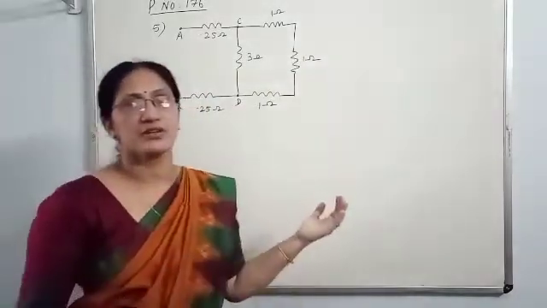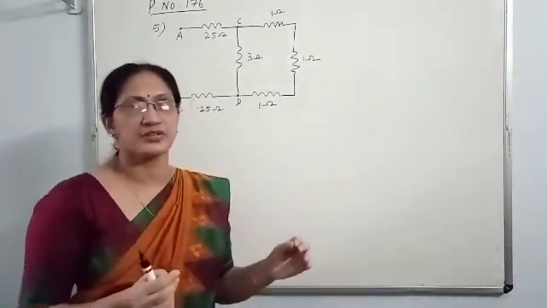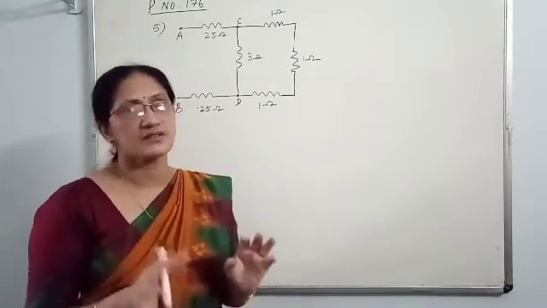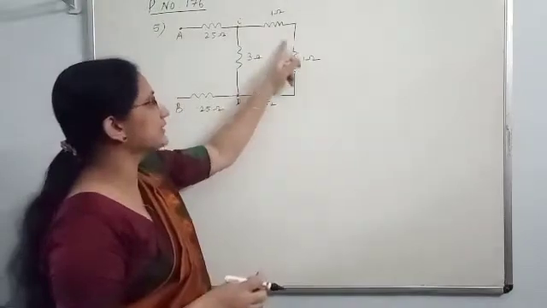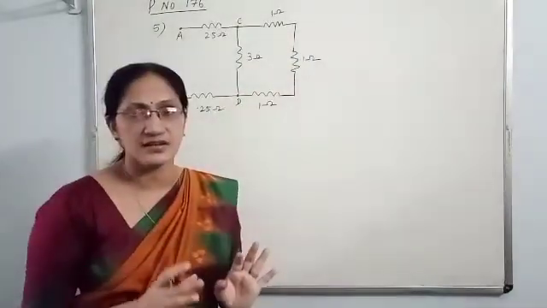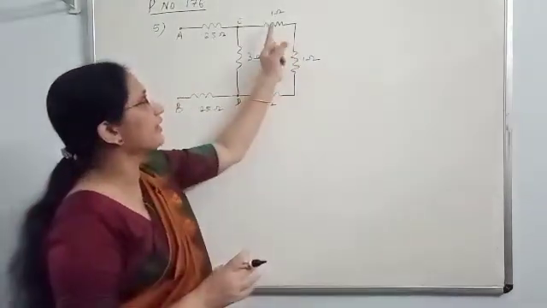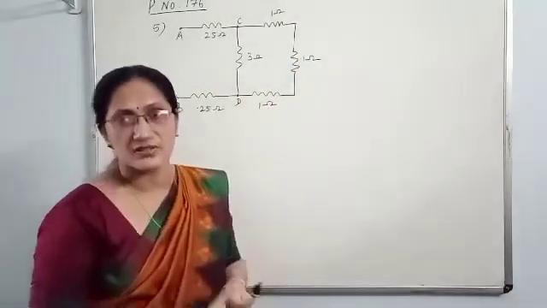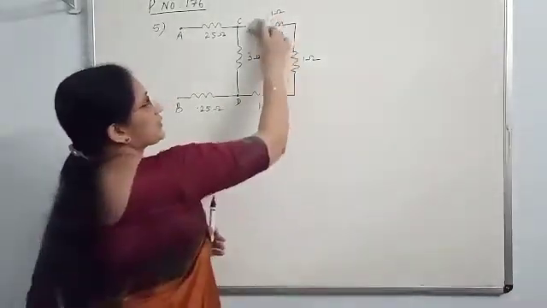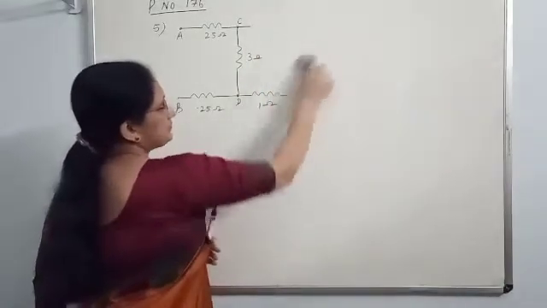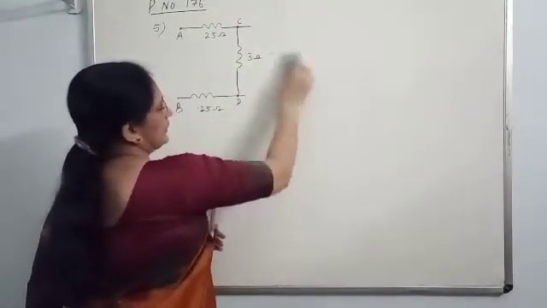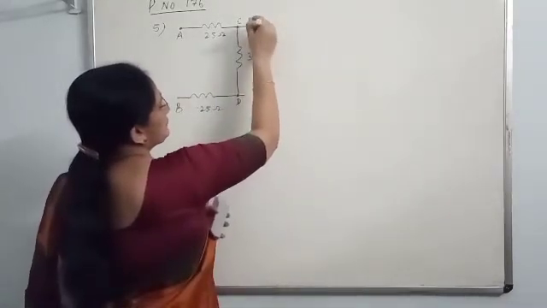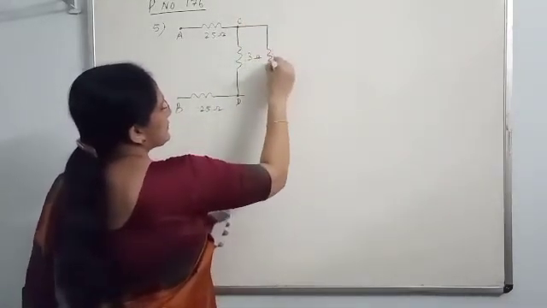In previous numericals also I told, if you have confusion regarding the series or parallel combination, this is the way you have to assume. So in this branch there are 3 resistances in series. So we will add it, 1 plus 1 plus 1. 3 ohm is the resistance of this branch. So you can simplify the diagram. Here 3 ohm resistance comes.